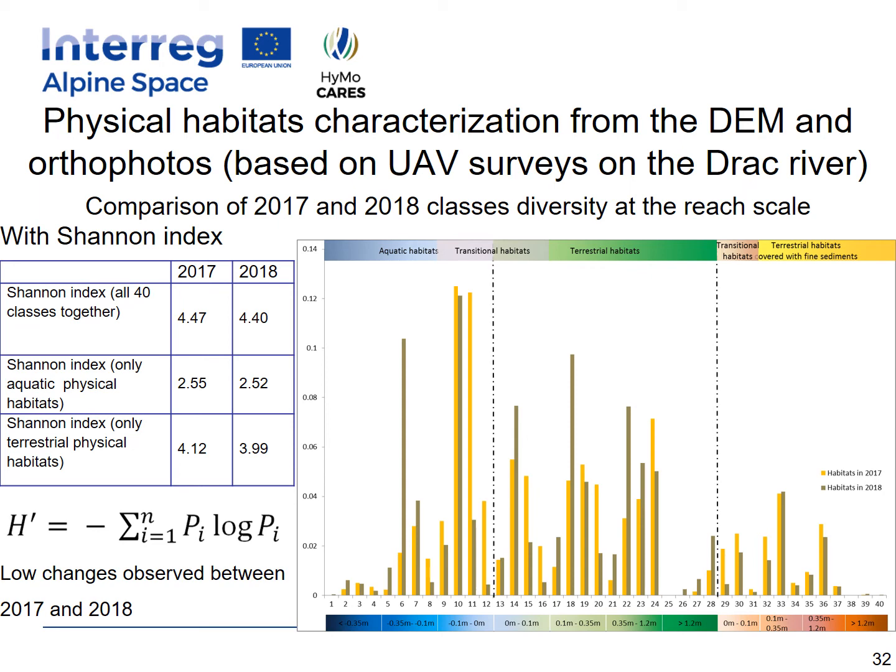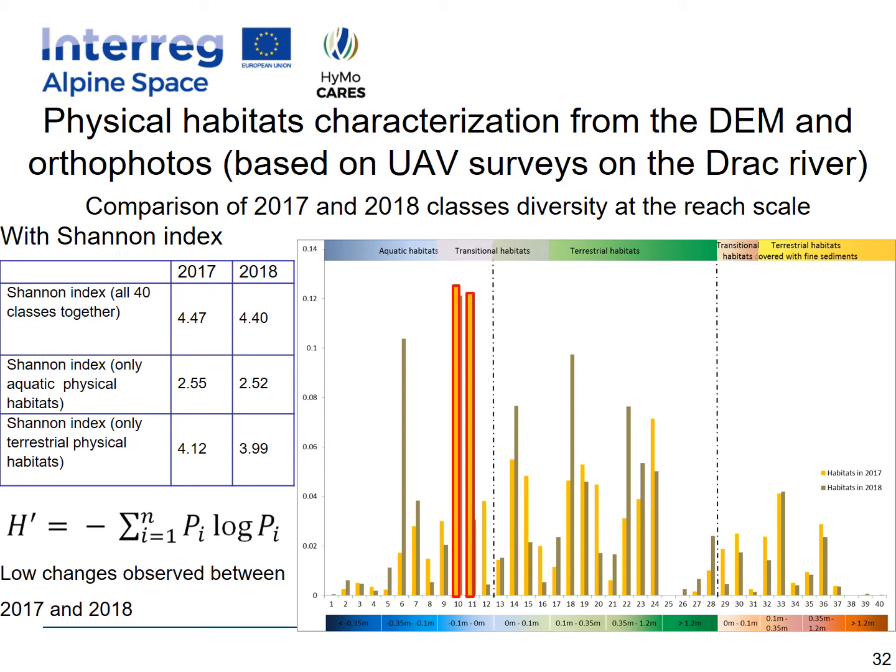Some physical habitat types are particularly more frequent in 2017. Very shallow channels, which means those which are lower than 10 cm in depth with medium or high size of gravel, which are types 10 and 11.